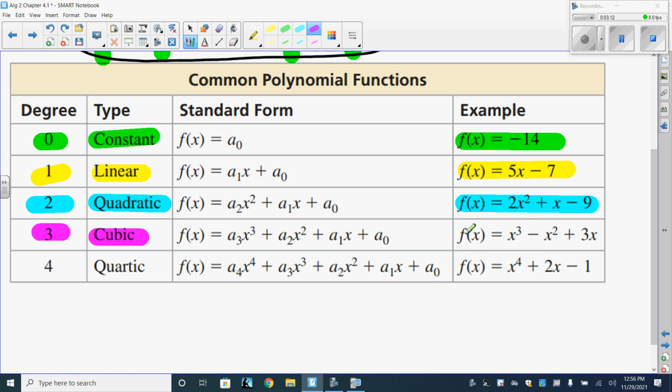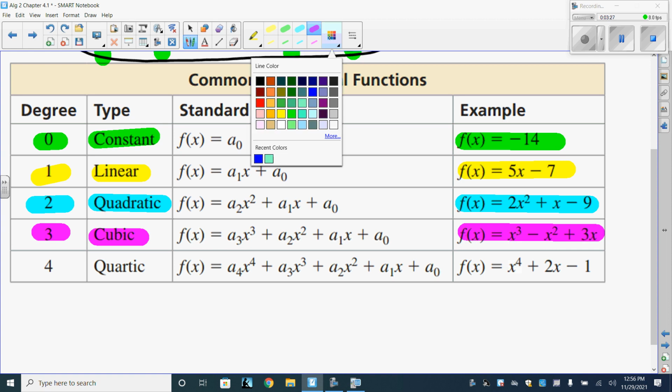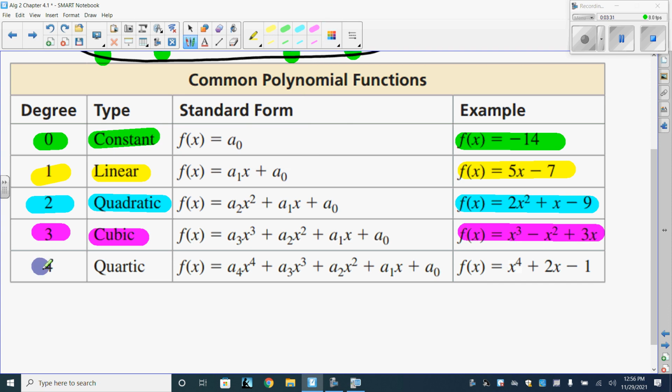Well, here's an example of a cubic function, and the reason we know it's a cubic is because the biggest variable is a 3. So the degree is 3, and it is a cubic function. And the last one that we have here is 4. And 4 would be a quartic, and the reason we know it's a quartic is because the biggest exponent is a 4.